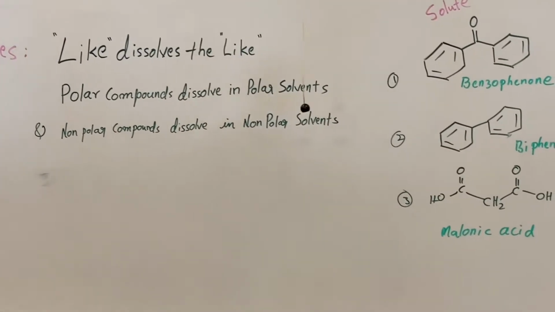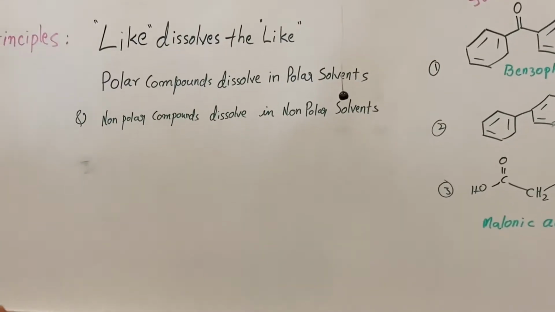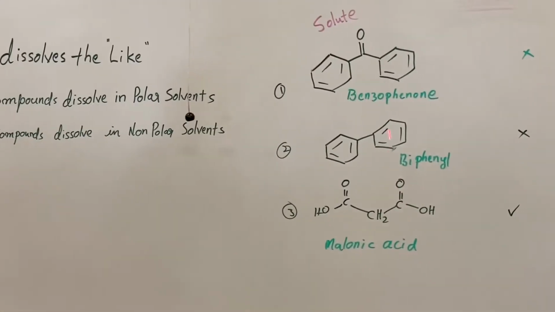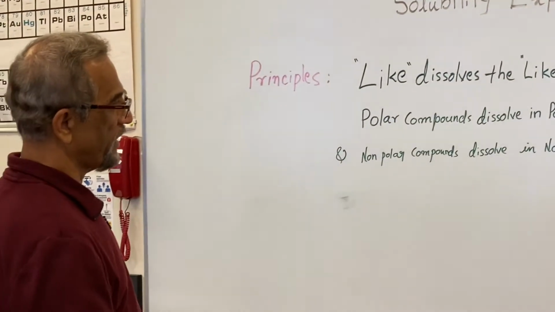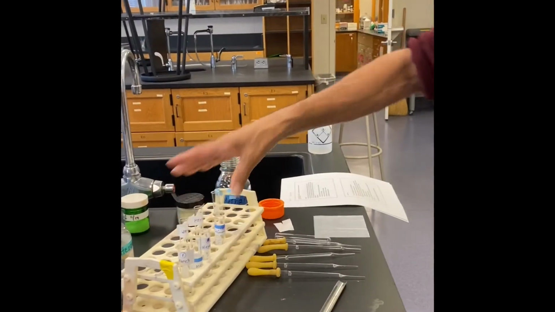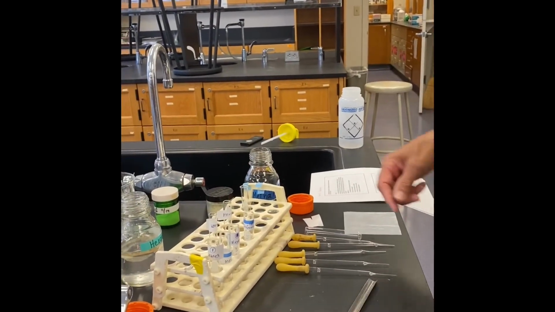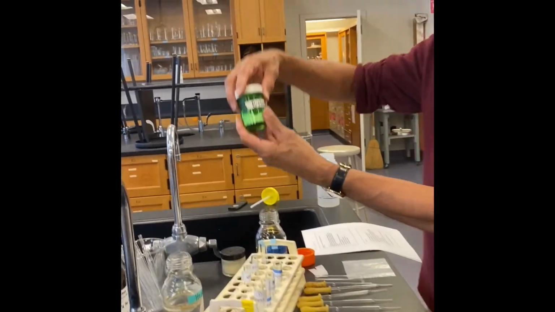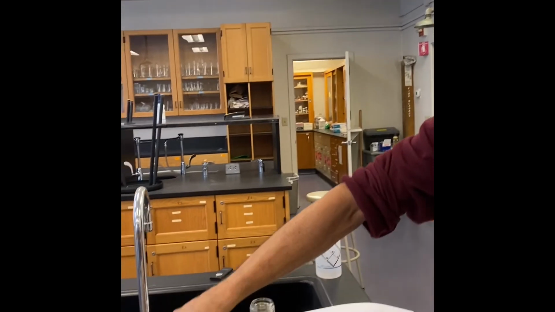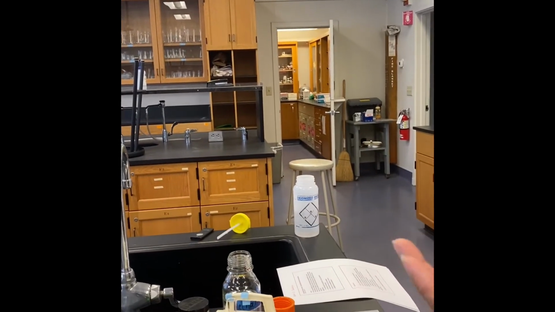So as we say here, non-polar compounds dissolve in non-polar solvents. You can predict the same way and do the experiment for all three compounds. Let us do one now for biphenyl. The experiment is to show the solubility of biphenyl in water, hexane and methanol.